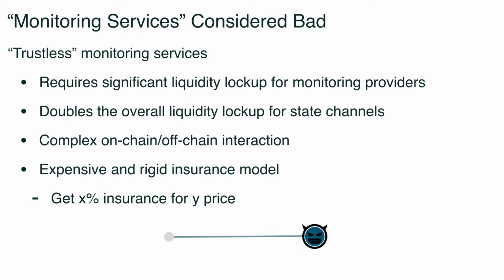And it gives you a very expensive and rigid insurance model. It's negotiated peer-to-peer, saying that, okay, I will get X% of insurance for Y price. As long as X is not 100%, there's always an incentive for the monitoring service to collude with your counterparty, because your counterparty can become malicious.